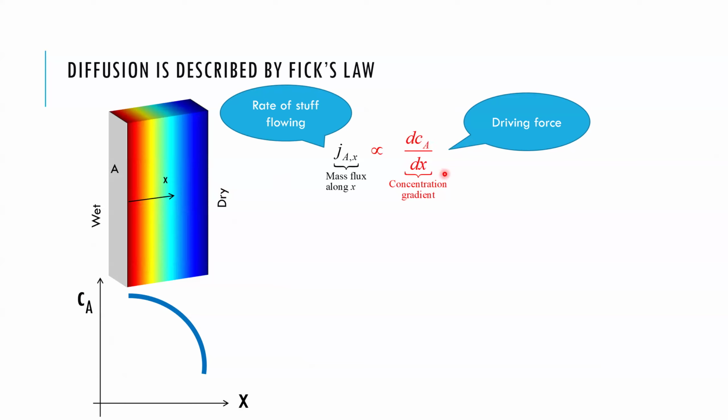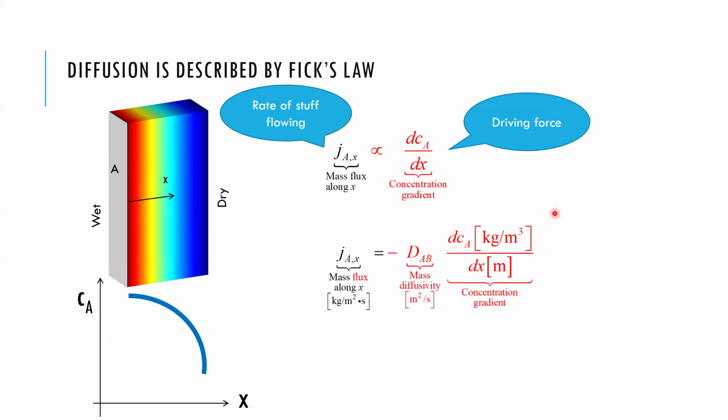But I know, and everybody knows, that vapor isn't going to move the same way through all different materials. So there has to be some material aspect that should come in. How fast does vapor move in this material? That will come through the constant as we remove the proportionality.